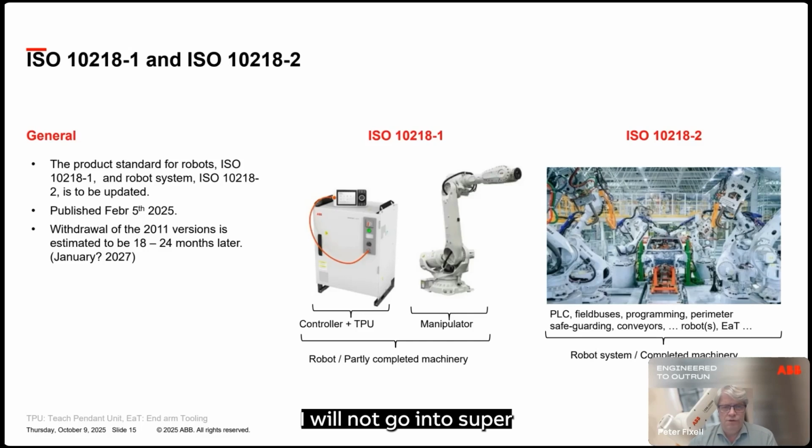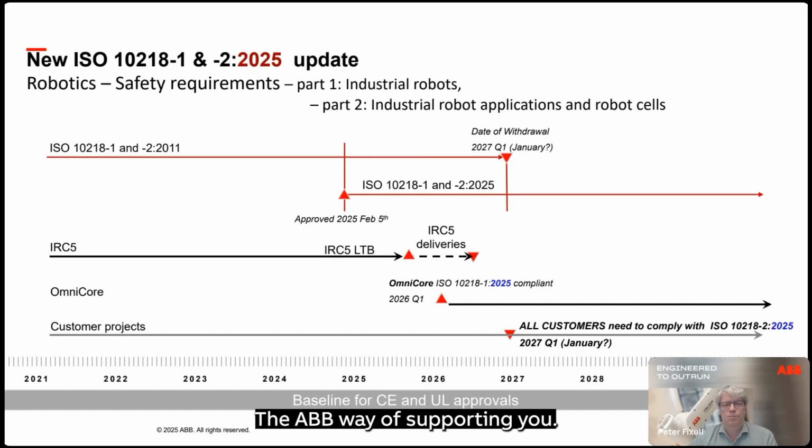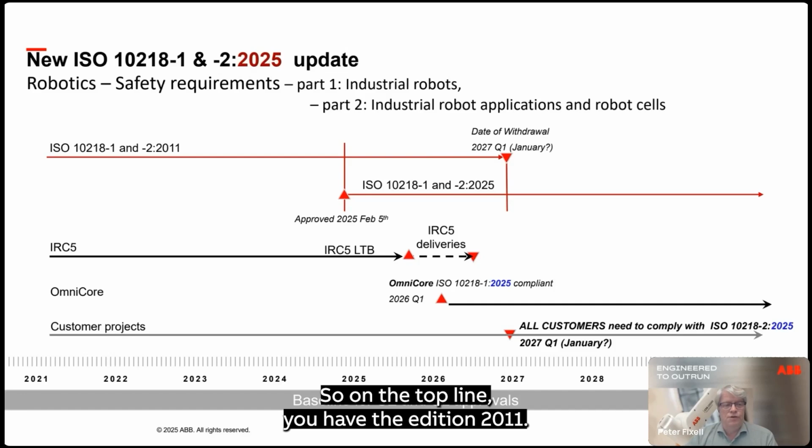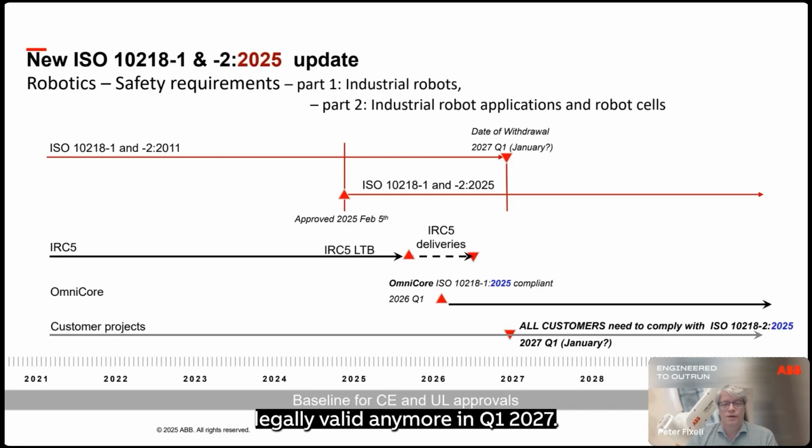I will not go into super details on what is changed, but I will show you a timeline and the ABB way of supporting you. So on the top line, you have the edition 2011. Now that will be withdrawn, which means it will not be legally valid anymore in Q1 2027.